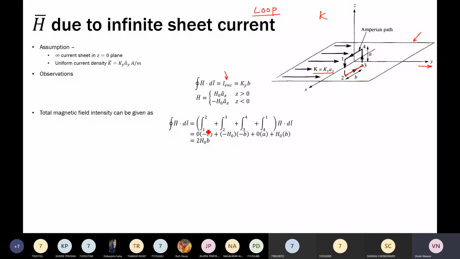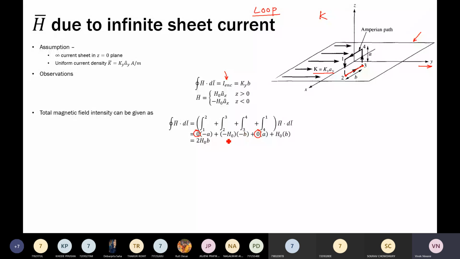Path 1 to 2, over here your magnetic field value will be 0 because your current is traveling in the y direction, in horizontal direction, and the path is in the vertical direction. Path 1 to 2 has vertical direction, as well as path 3 to 4 has vertical direction. So in both cases you have H bar value equal to 0, but that is not the case for paths 2 to 3 and 4 to 1.